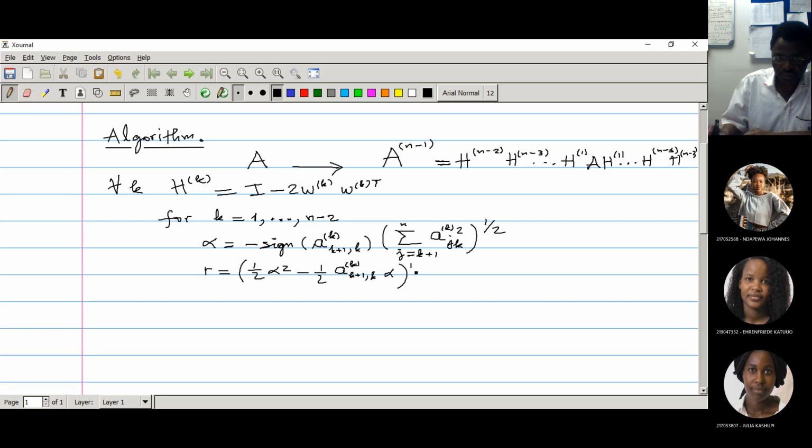And then we take the square root of that quantity, and all the w's, from the first entry up to the kth entry, are set to 0.